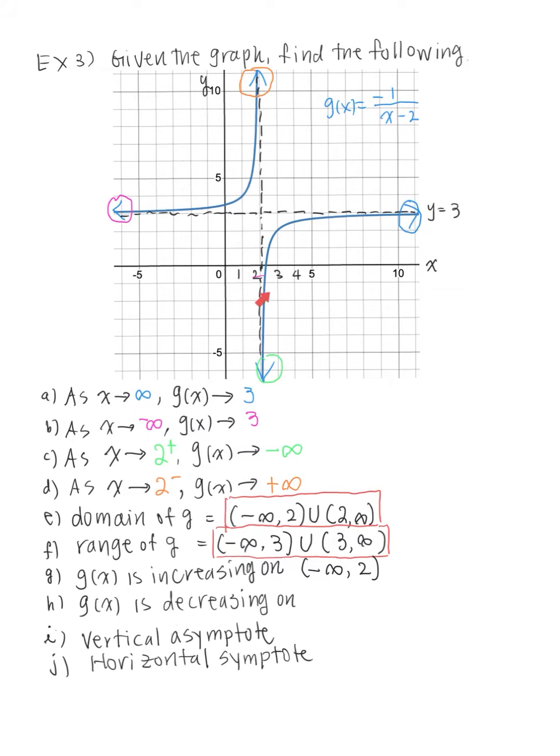And then this graph keeps growing and growing and growing. So in terms of x values, it's going to keep increasing up to positive infinity. So here our answer is going to be g of x is increasing on negative infinity to 2, union open 2 to positive infinity.